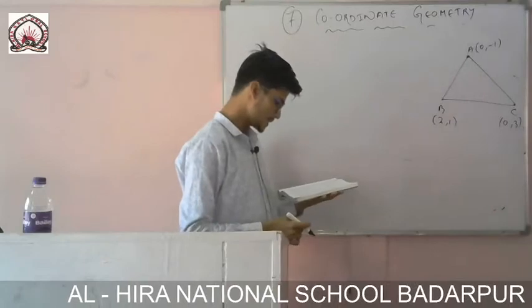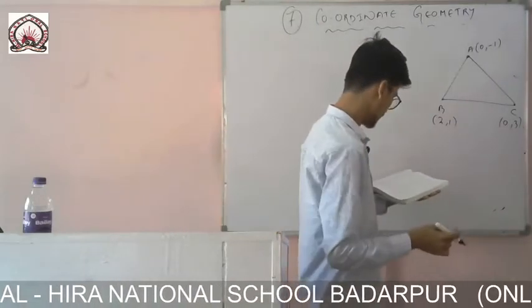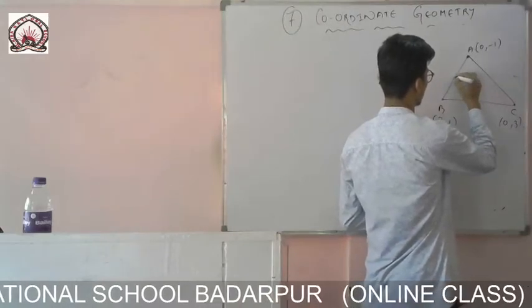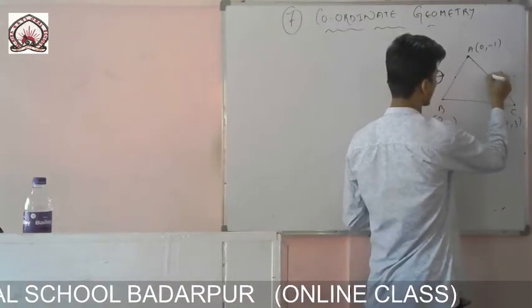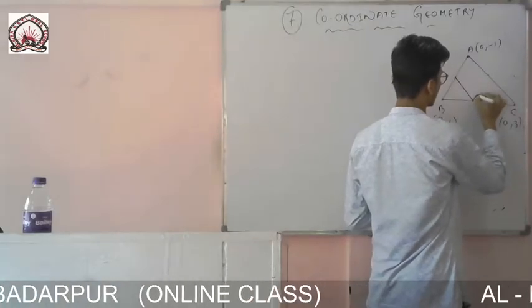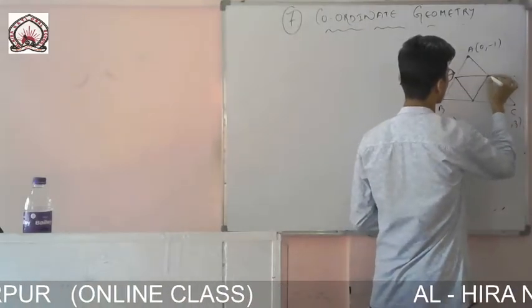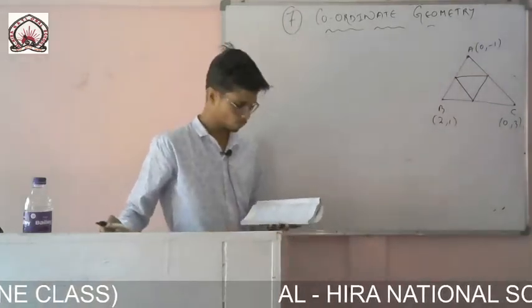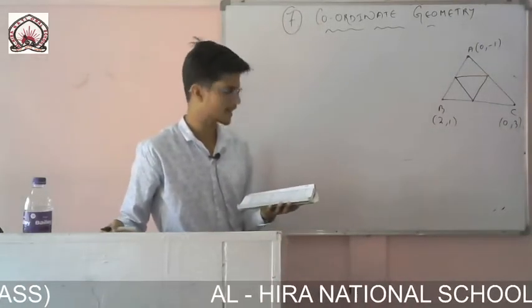So the question is to find the area of the triangle formed by joining the midpoints. If I go on the midpoints like this, then one triangle will be formed here. The question is to find the area of this triangle, and then you have to compare them, you have to find the ratio.